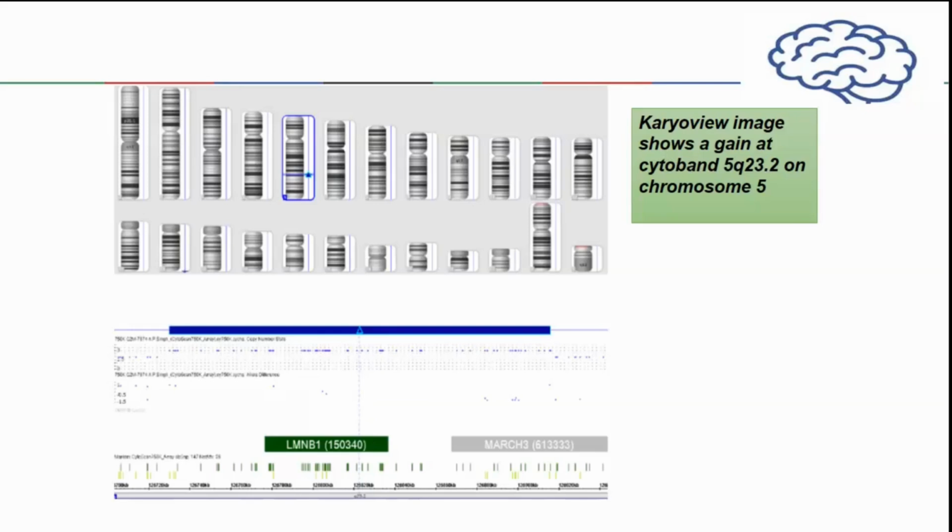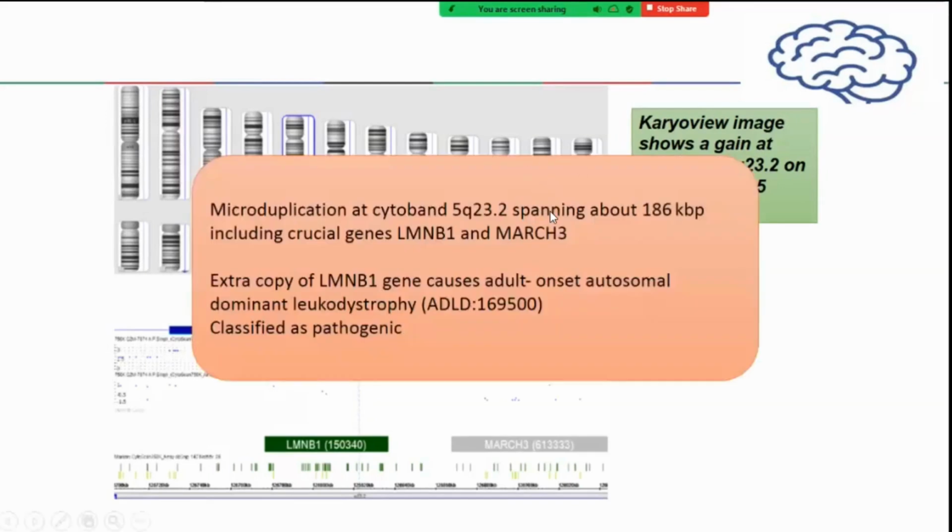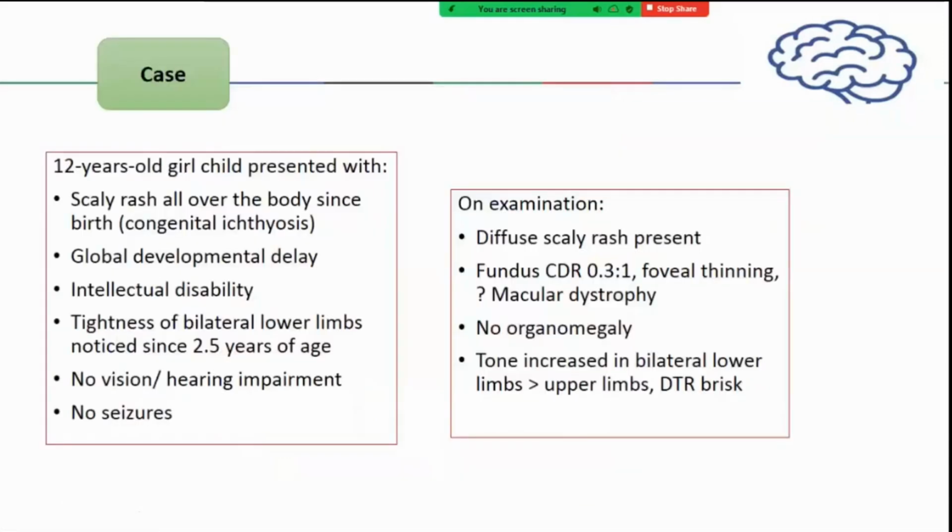But because we read up, we found that the choice of investigation is chromosomal microarray here. With chromosomal microarray, this duplication was picked up and the diagnosis was proven. This is autosomal dominant leukodystrophy, a well-known entity. So a microduplication was found, and adult onset autosomal dominant leukodystrophy diagnosis was confirmed here.